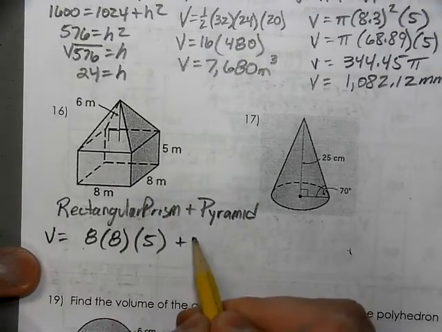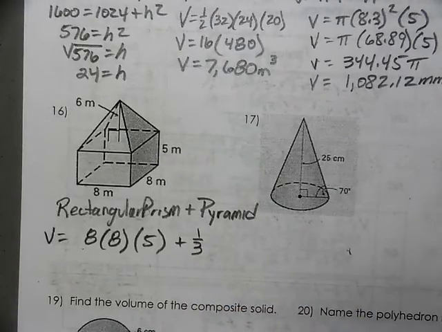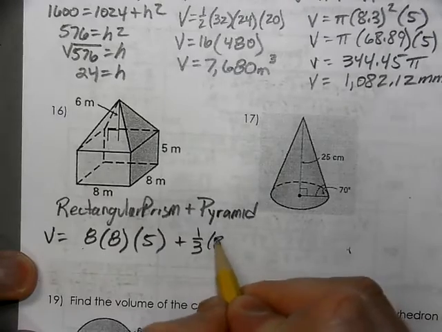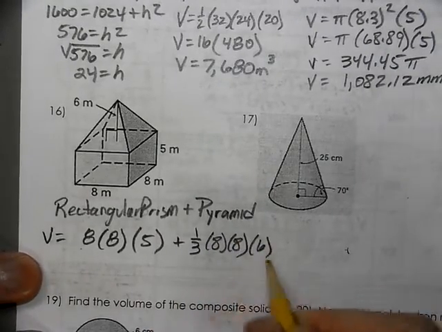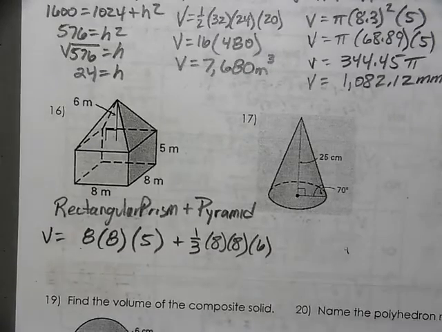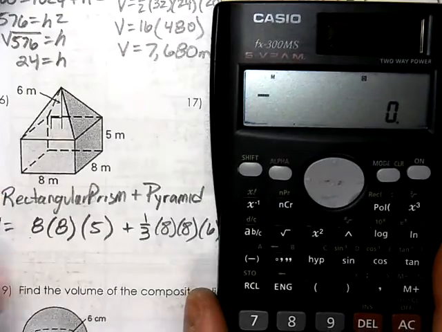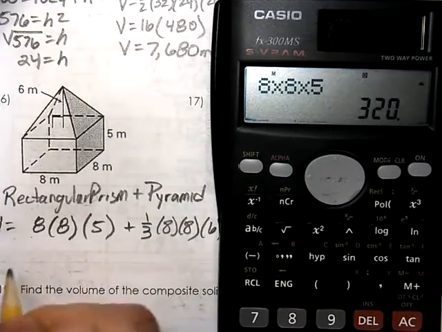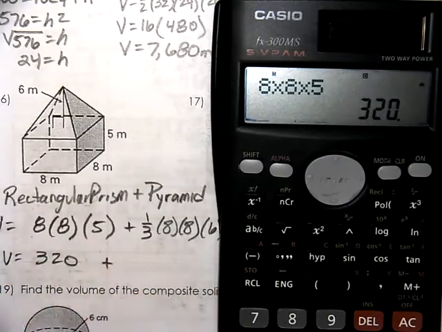The pyramid on top has a formula for the volume of 1/3 the base, which is also 8 times 8, times its height, which is 6. So we're going to say 8 times 8 times 5, which is 320.